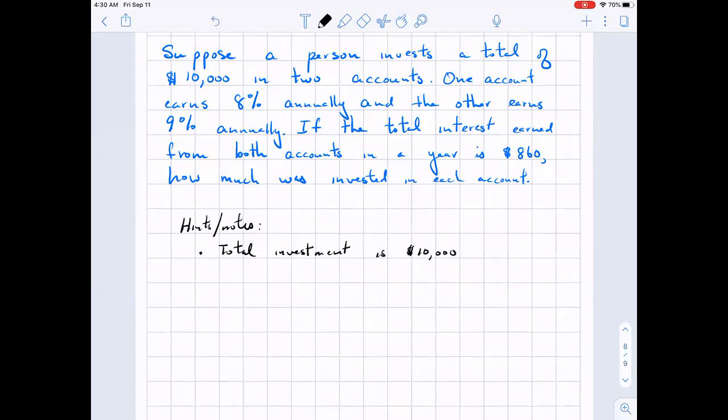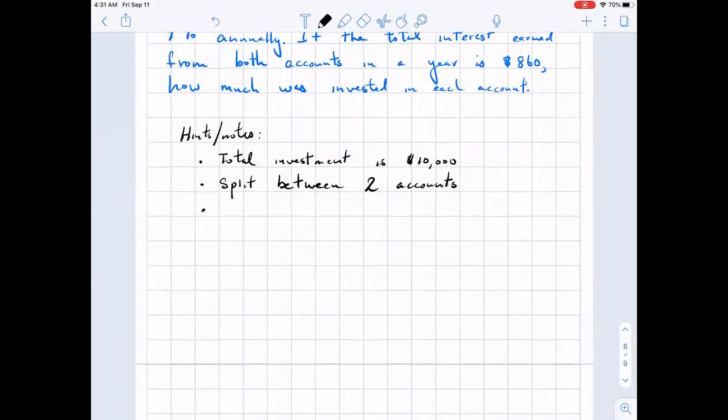Okay, you will notice that we have two accounts. This is split between two accounts. Okay, one account earns 8% or 0.08.